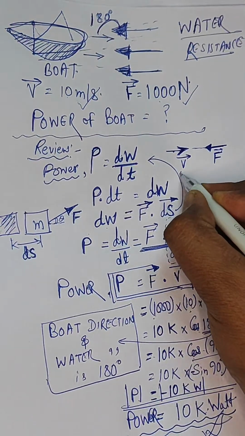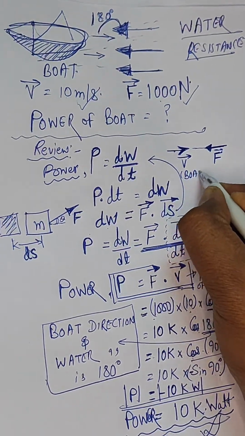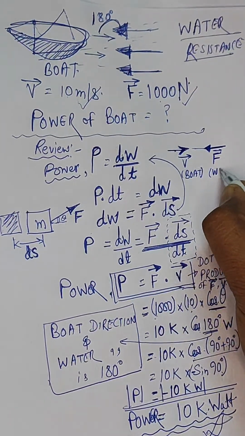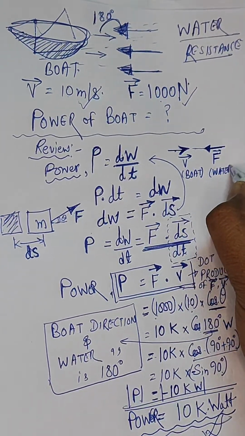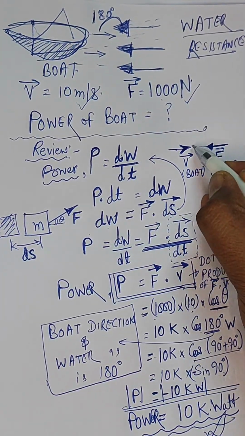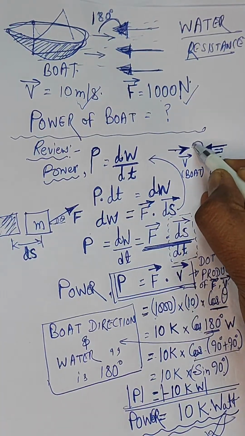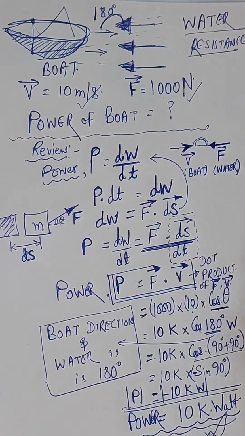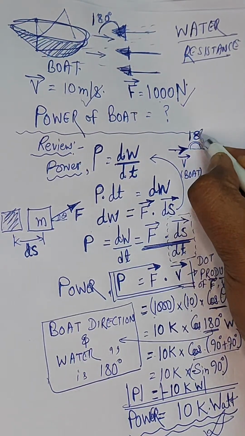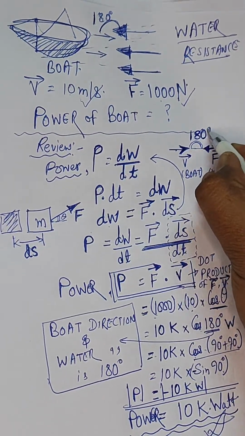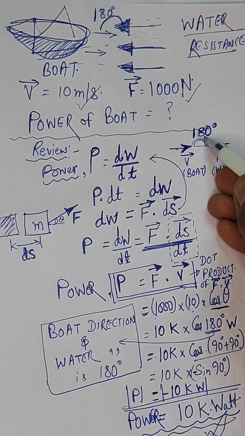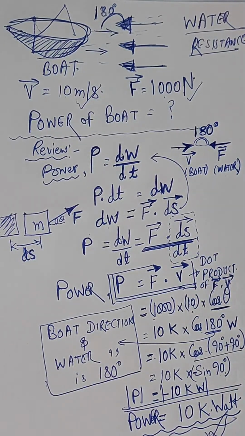So velocity of the boat and force of water. So you can see what is the angle between them. This angle is nothing but 180 degree, right? This is the angle between boat and water.